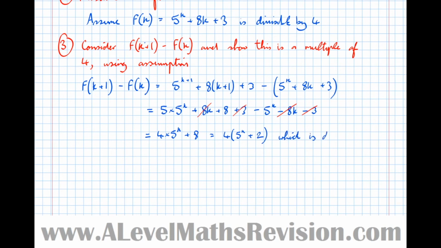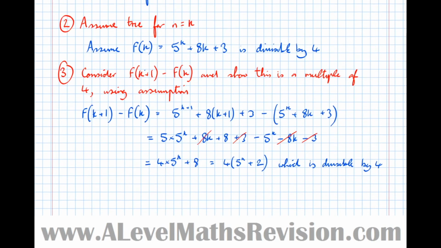which is divisible by 4. So what we've shown is if f of k is divisible by 4, so we're assuming that that's true. We don't know whether it is yet, but we are assuming that that's true.